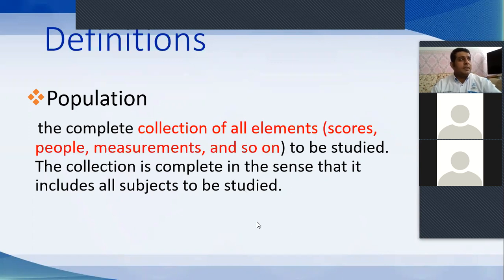So let's say we want to do research on a student population. All the students in that university are the population, but our sample may be those respondents who want to respond. Sorry, that is our participants.